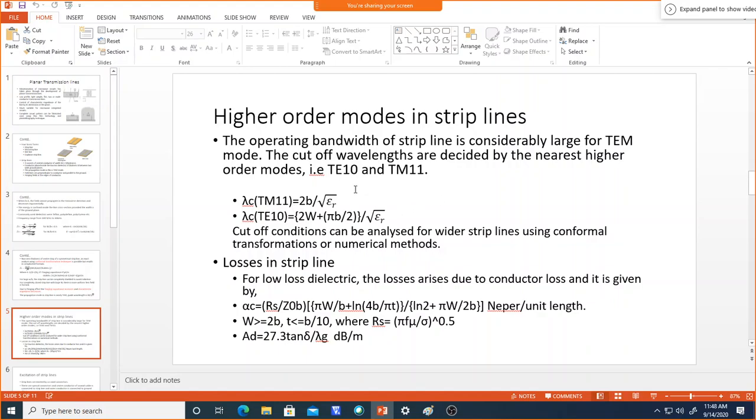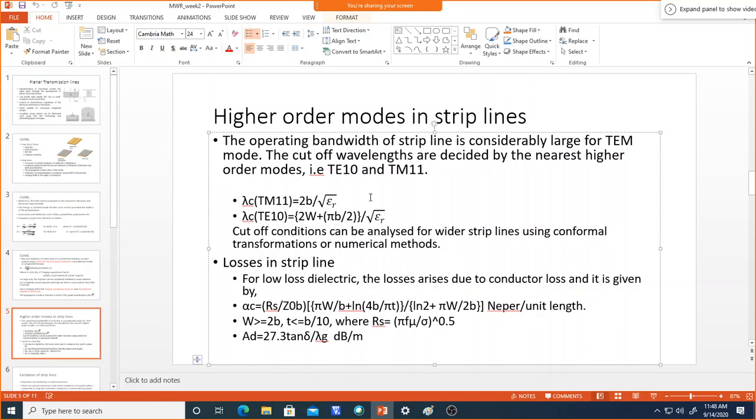So this is the cutoff wavelength for the TM11 mode, which is equal to 2b by root epsilon r, and likewise for TE10. You can use this equation for calculating the higher order mode cutoff wavelength.